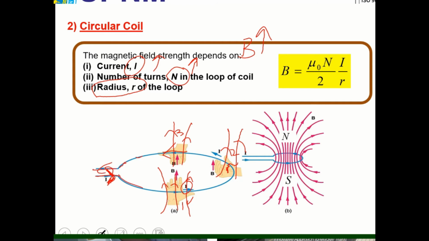So at the end kita dapatlah draw yang garis pink ni, magnetic field line dia, like this. So the direction of magnetic field lines in this particular direction, meaning that this region adalah north pole and this region is south pole.